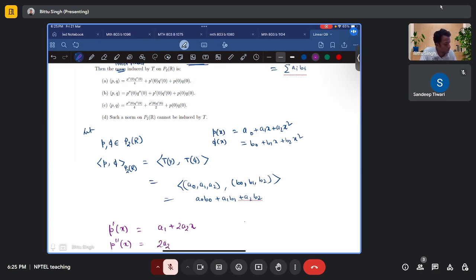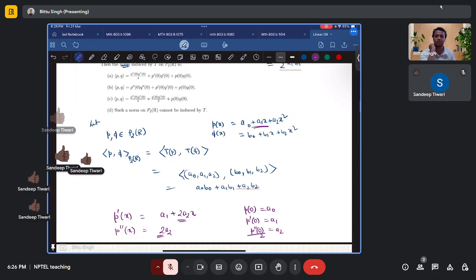If we put the value 0, then p(0) is the same as a0, p dash 0 is the same as a1, and p double dash 0 is 2a2, so a2 equals p double dash 0 by 2.